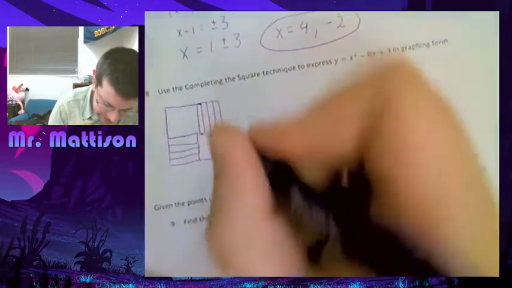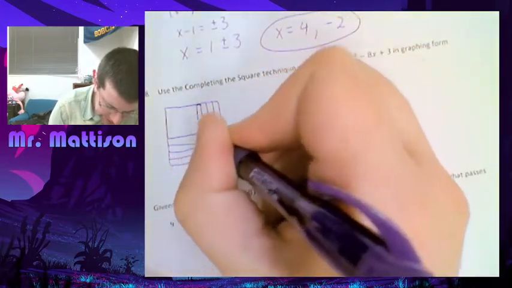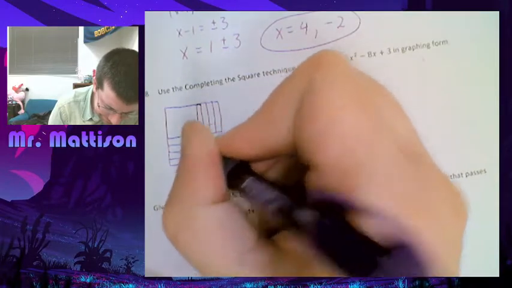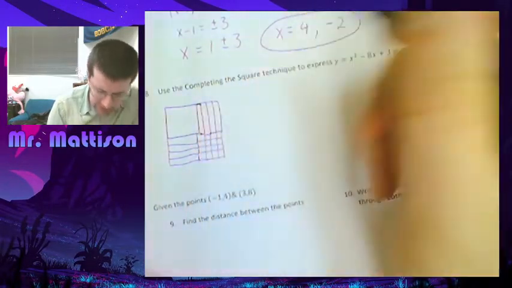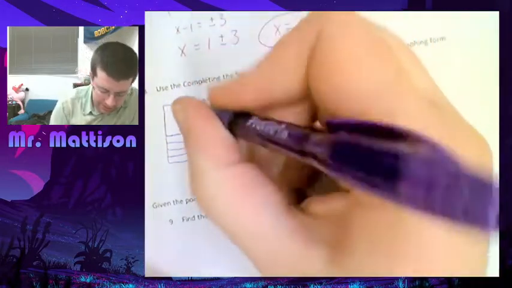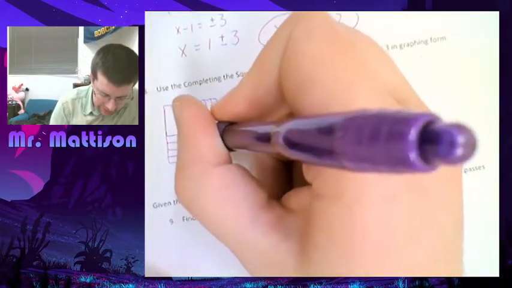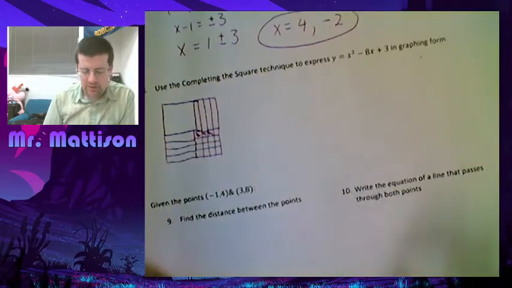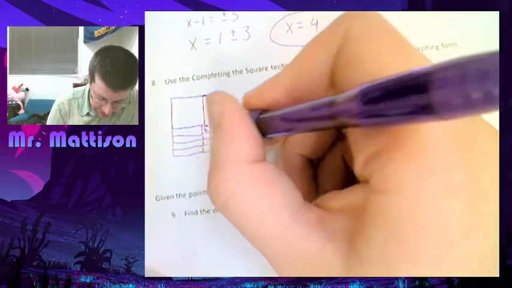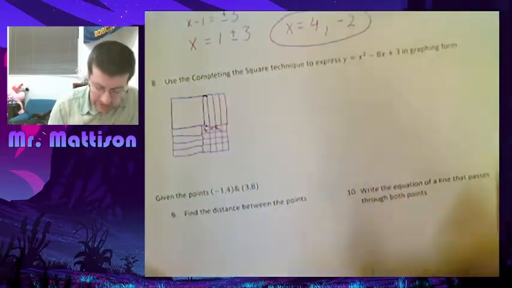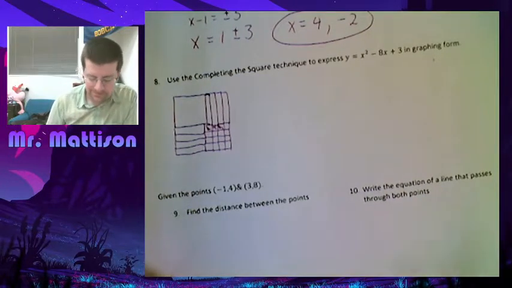And then right in here is where I need everything else. I currently have 3, so I have 1, 2, and 3. Right, so I'm short 4, 8, 12, 13. I'm short 13 of these.